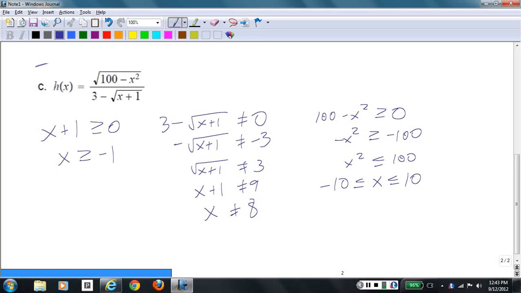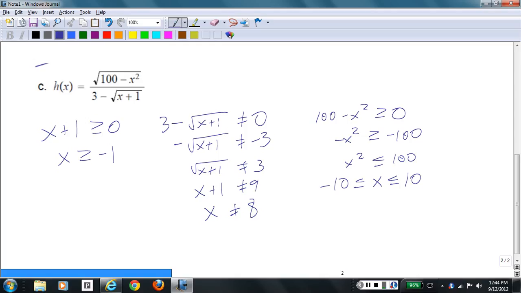So as far as the domain of this function goes, I just want to get the domain clear in my mind and maybe everybody's mind, and then we'll look and see where the function is continuous. -10 to +10, but x has to be greater than or equal to -1, so that cuts into the numbers that are between -10 and -1. It cuts them off basically. So we're down to -1 to +10, and then we have to kick out the 8.